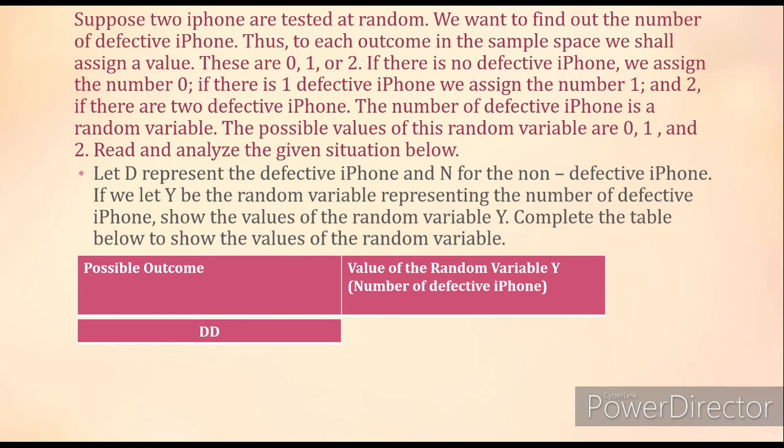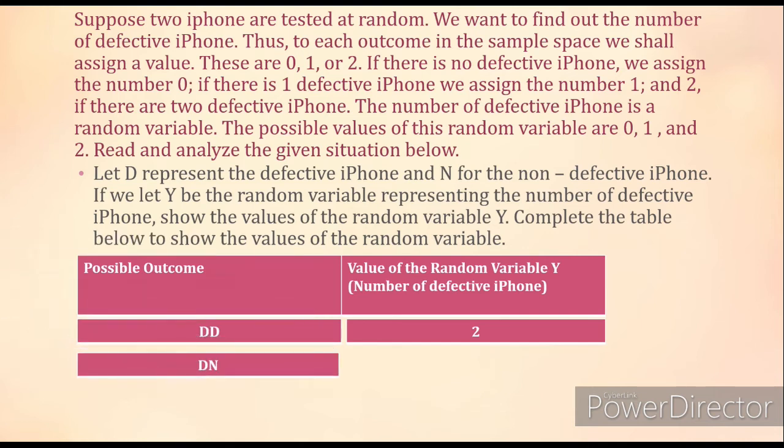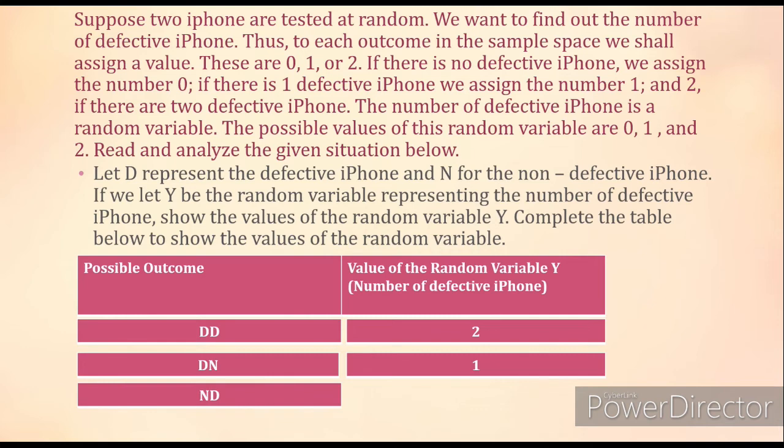So, first possible outcome will be defective, defective. How many defective do we have in this outcome? So therefore, there are 2. Another possible outcome, as I draw 2 iPhones, is defective, non-defective. In this possible outcome, you have 1 defective iPhone. Next possible outcome is non-defective, defective.